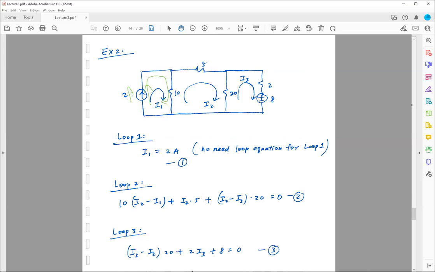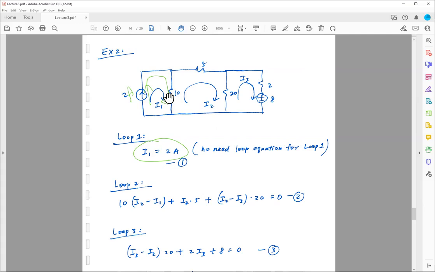This is my 2M. So I1 is also flowing upward. So I1 therefore is simply equal to 2M. This is something that you can just eyeball, by inspection, to figure out what I1 is.